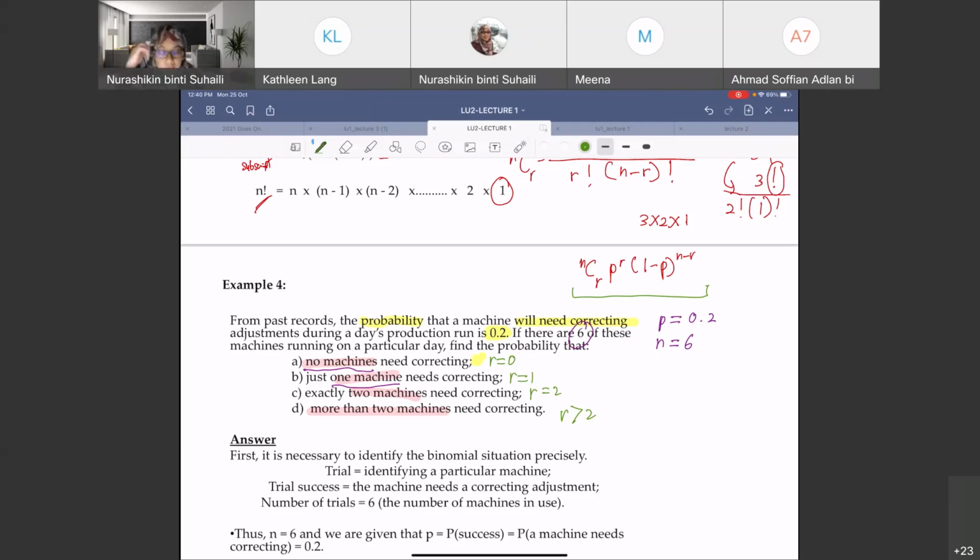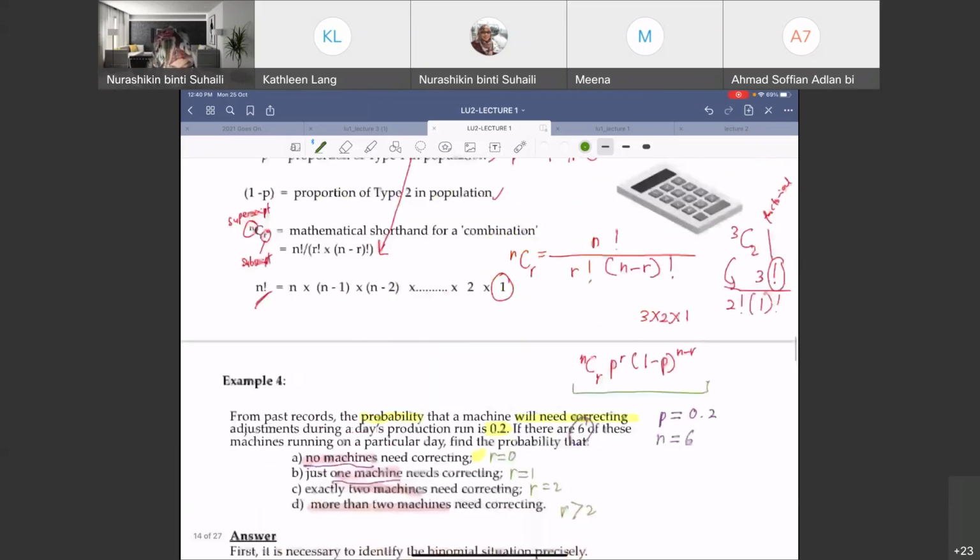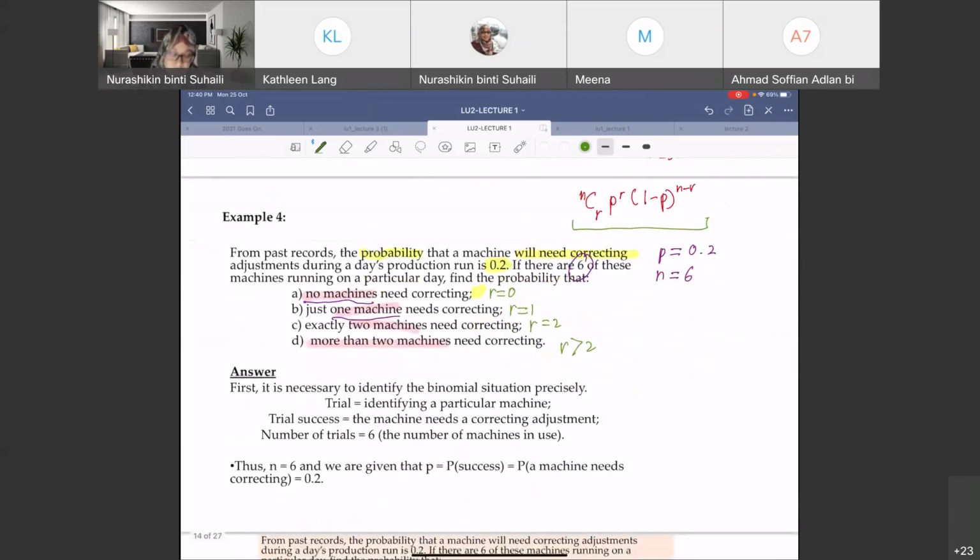I didn't mention in the characteristics of binomial before, but when you see "will need correcting", it involves 2 events, correcting or not correcting. So from there you can predict that this is a binomial distribution, and apart from that, n is 6, which is less than 20. So that's how you know it needs the binomial distribution.